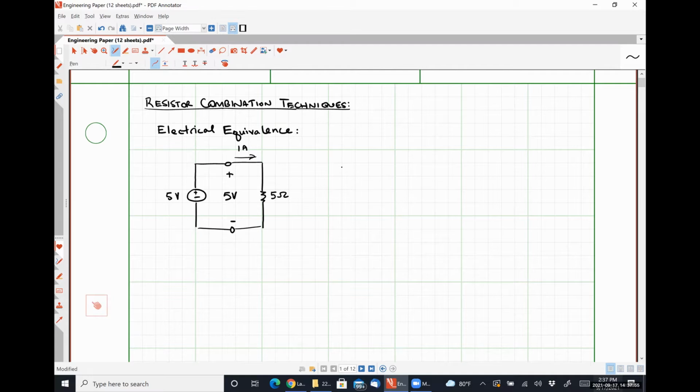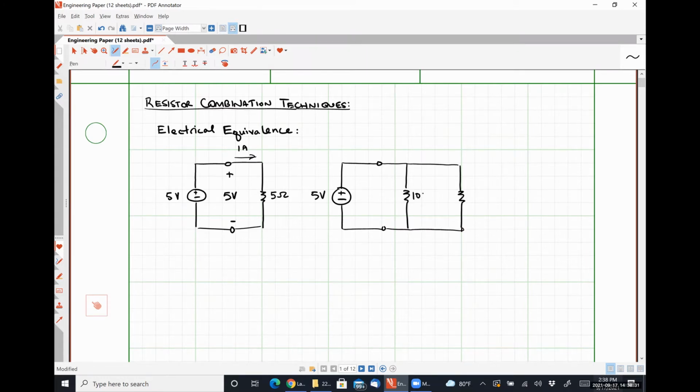So let's take a second network. I'm going to apply that identical 5-volt source. But my new network under test is going to be these two resistors connected in parallel.